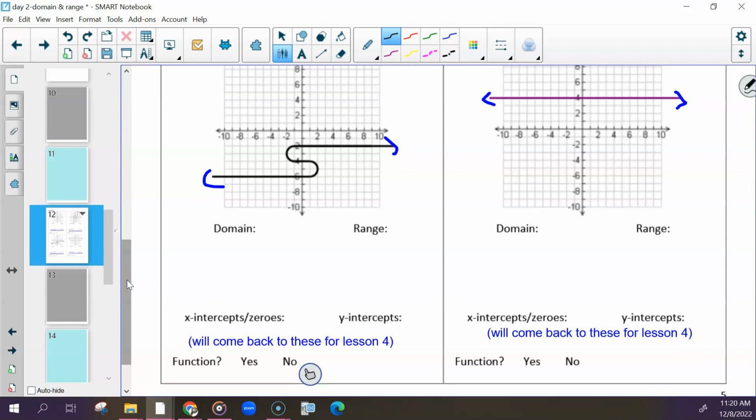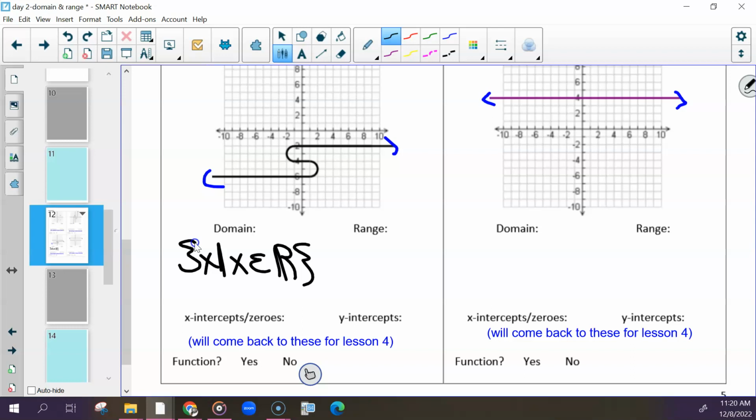Okay. For our domain, what is our furthest point to the left? Do we know what it is? What about our furthest point to the right? Victoria. Is it the X E R one? Because it keeps going to the left and the right.